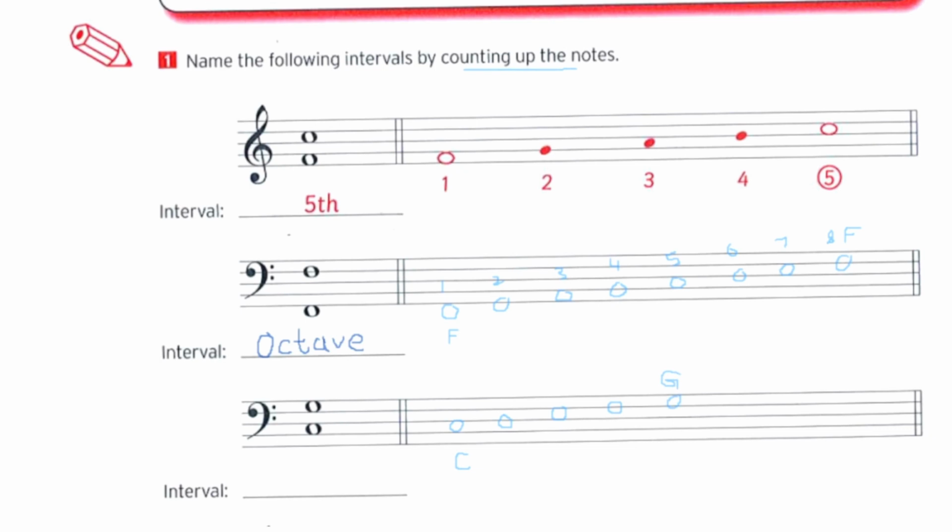Okay, so we have 1, 2, 3, 4, 5 steps up from C to G. So this is an interval of fifths.